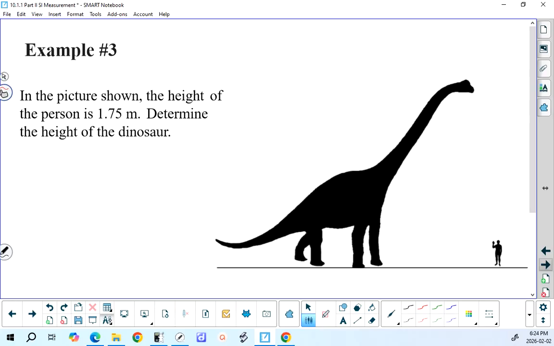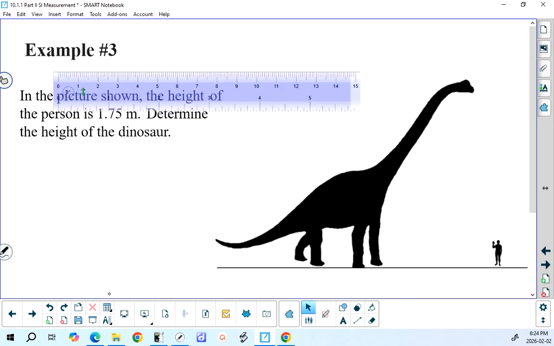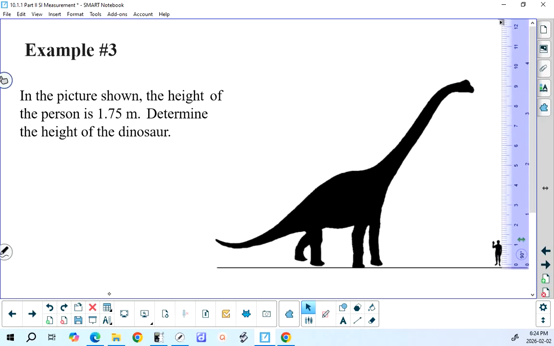Now keep in mind that the ruler happens to come out like this in terms of size, which means on my smartboard with this particular tool, this person is measured to be a height of 1.3 centimeters. I don't know if you take a ruler and do it on the actual sheet of paper this is printed on, if it's going to be 1.73 centimeters.